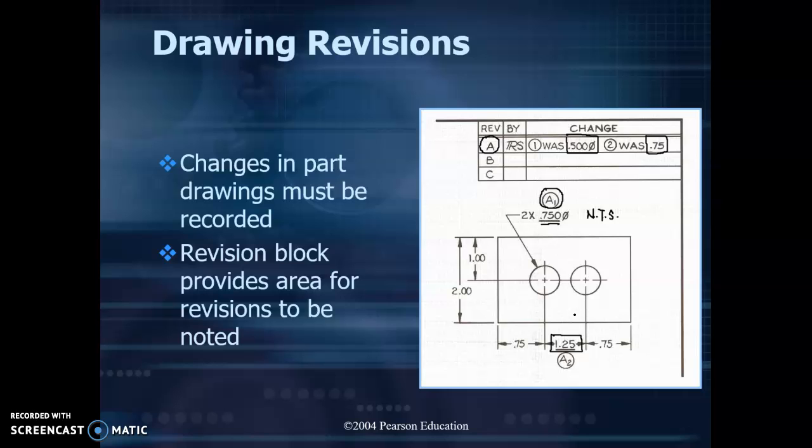So even though this may still look like 0.75, and if you actually measured it with a scale ruler, you would see that it's 0.75, in reality, it's meant to be 1.25. So that underlining of the dimension means that the drawing is no longer to scale, and that rather than basing decisions or the design on the way it looks, you have to believe the text.